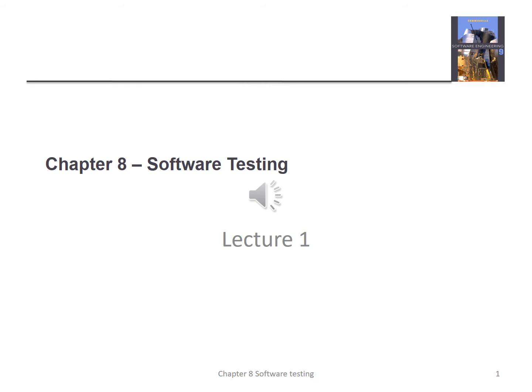There are many different types, as we are going to talk about in this lecture and the coming two lectures. For example, we have white box testing, black box testing, and so on. Then we'll see in the next two lectures what types of testing we are going to do.